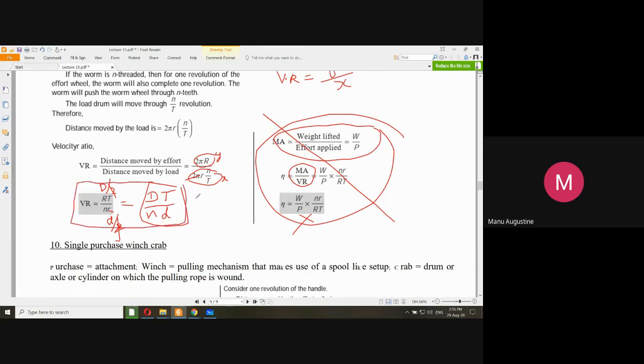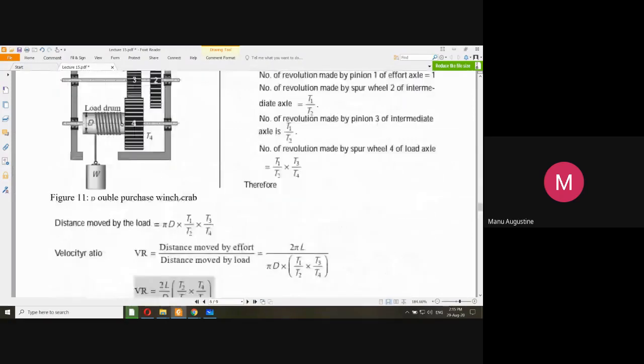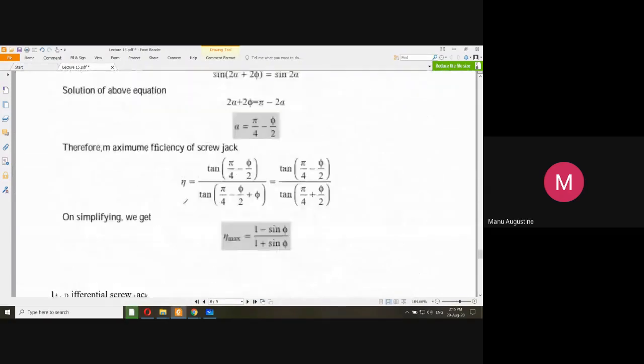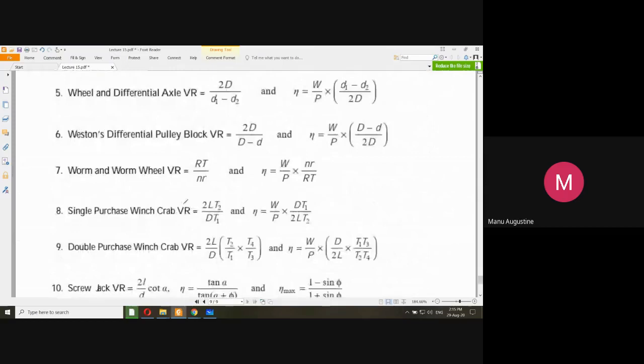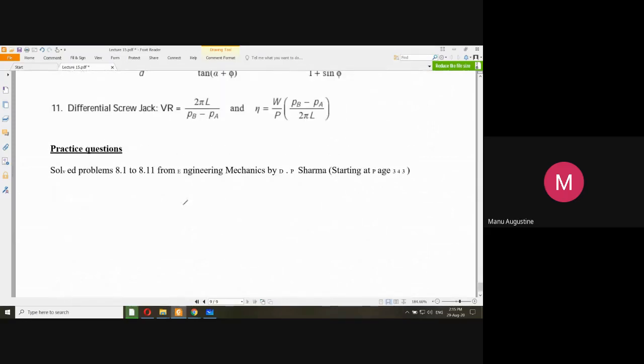Okay. Now, what I want you to do is, I'm not even mentioning which problem concerns this worm and worm wheel. Go to the solved problem sets 8.1 to 8.11. Go through. You have to go through all these problems. ठीक है. RTU में आपसे derivation ही नहीं, न्यूमेरिकल्स भी पूछ सकते हैं.